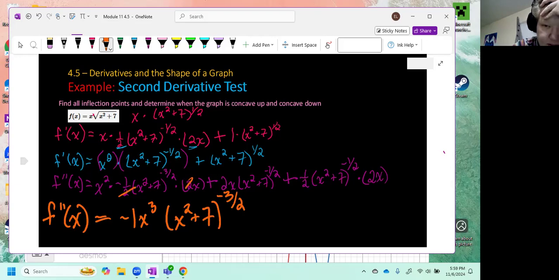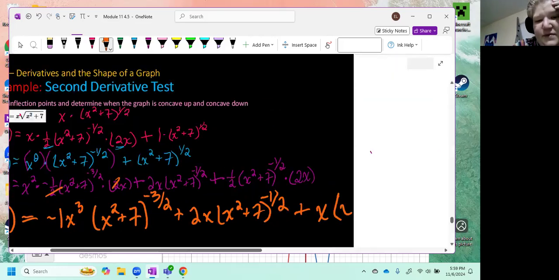Then, strangely enough, I'll just go ahead and write it because it really is strange. That's 2x times ugly to the negative 1/2, plus x times ugly to the negative 1/2.